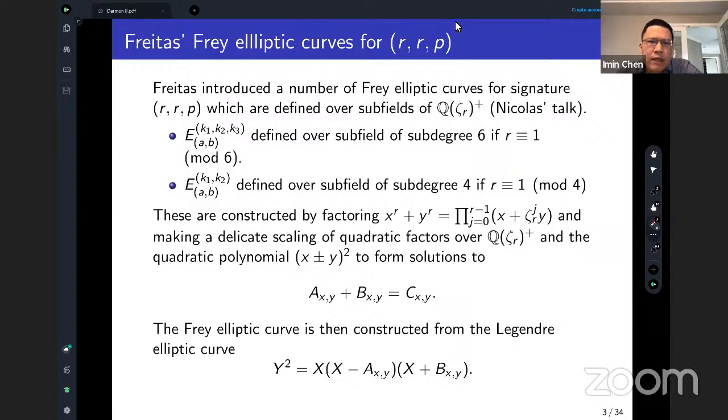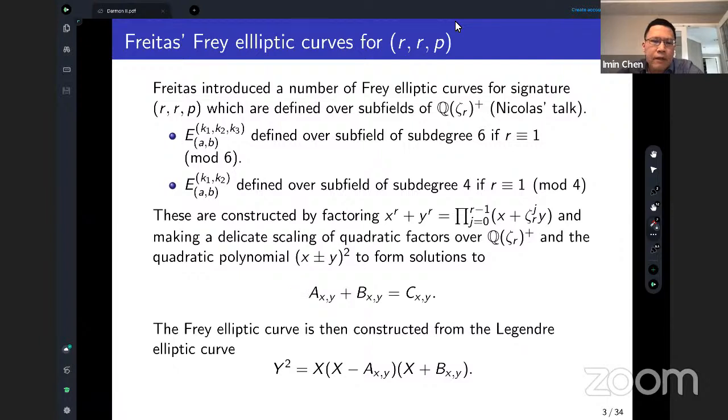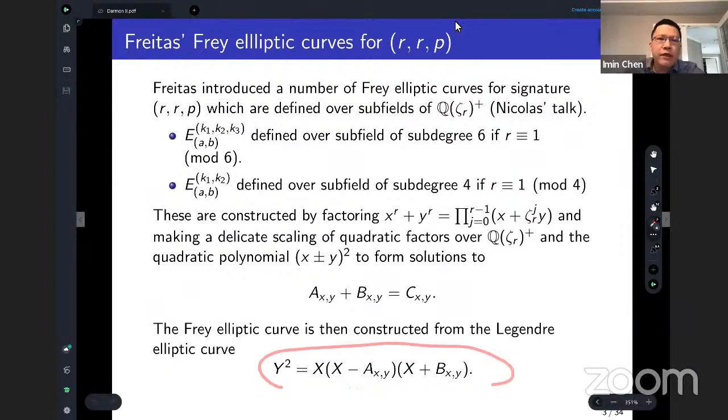By making a delicate scaling of these quadratic characters, we can find a solution in polynomials x and y, homogeneous, to the equation a plus b equals c. And then we just plug that into the usual Legendre elliptic curve Frey construction. So that's the basic idea of his construction.